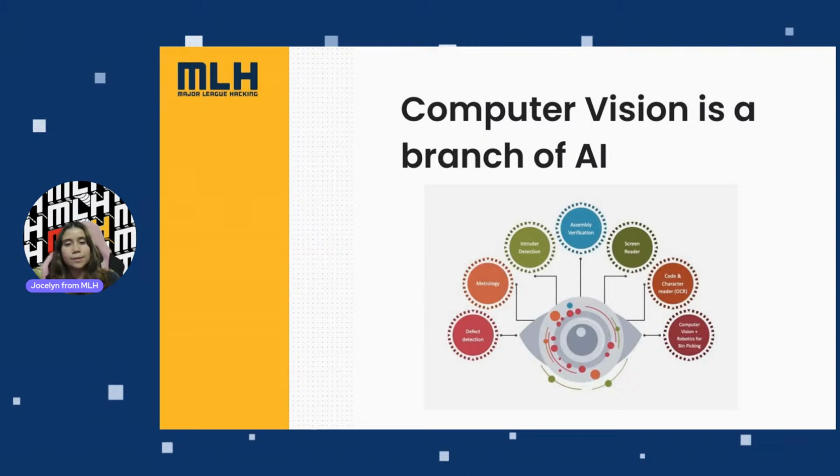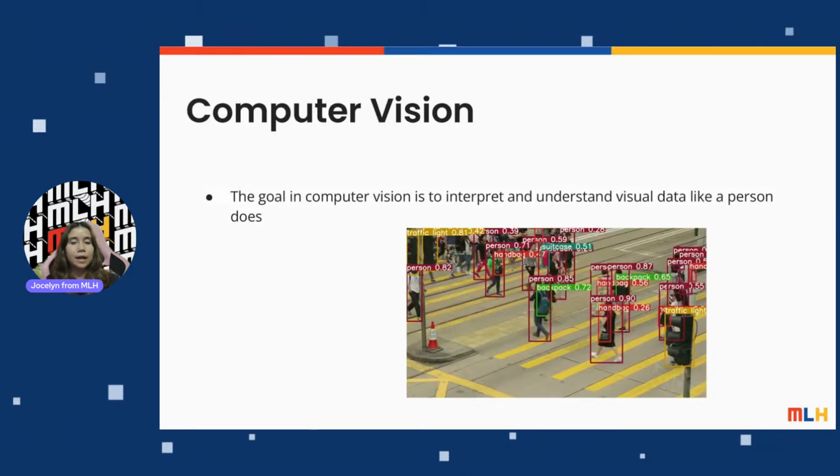It can be as simple as object detection, you can detect faults in a system, and it's also used for autonomous vehicles, or to detect specific things in an image related to healthcare, and so on. There are tons of applications, and the main purpose is to replicate and understand visual data just like a regular person would.